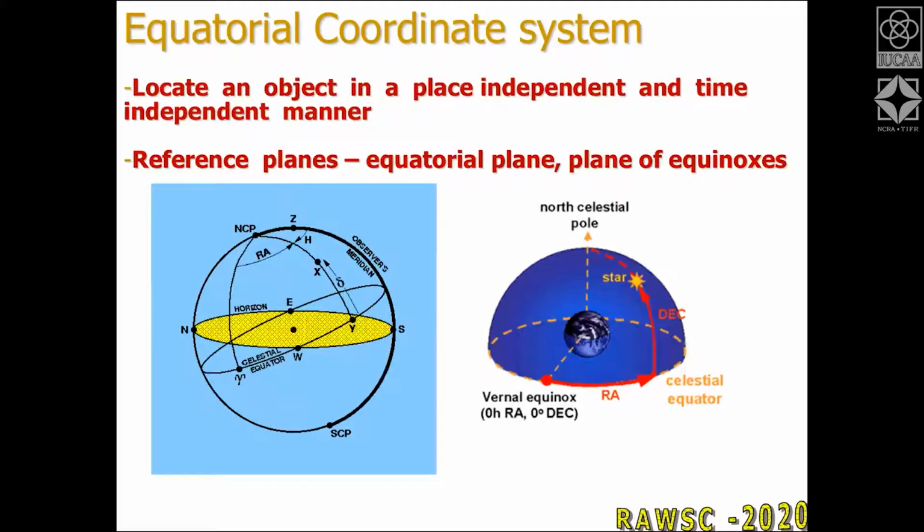It would be true for an observer on Earth only. Yeah, no, we are still talking of everybody on the Earth. We have not gone to extrasolar planets. So why is it time and place independent for an observer on the Earth?